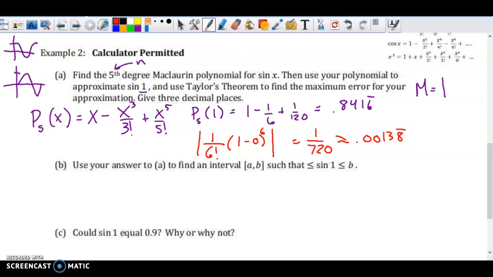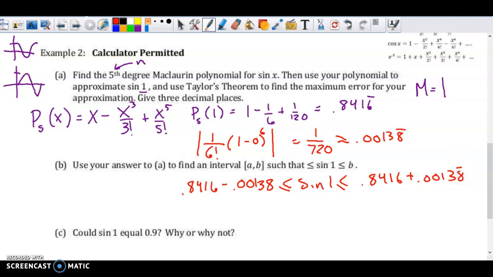We are going to use all of that information for part B, because what we're going to do is just take our approximation that we found using our Lagrange polynomial, and we're going to subtract and then add to that, creating a boundary, just like we did before.